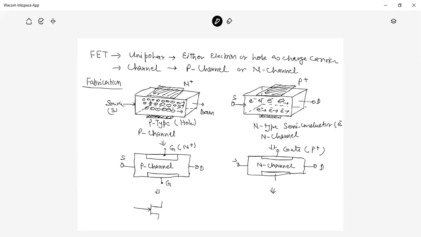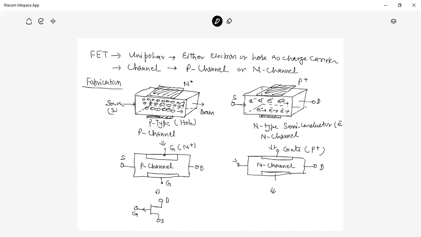This one is source, here it is drain, and this is your gate.